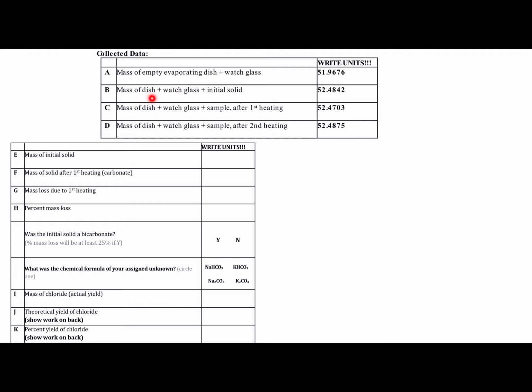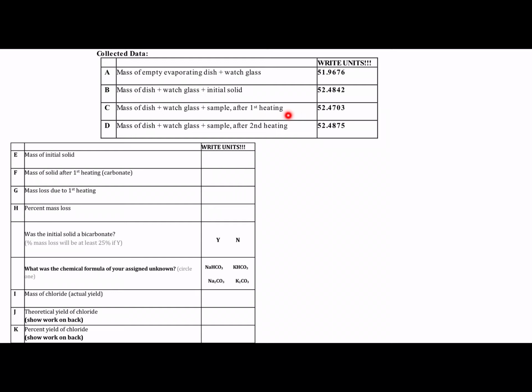Then the mass of the dish and the watch glass with the initial solid, about 0.5 grams. Then you heat it, and after the first heat is your C, the mass of the dish, watch glass, and sample after the first heating.